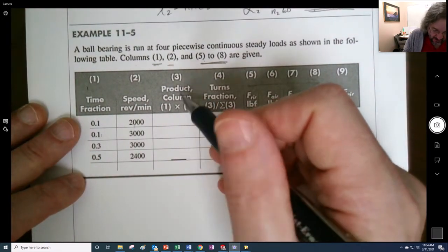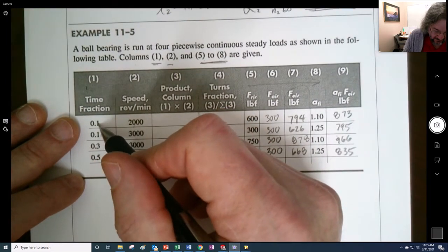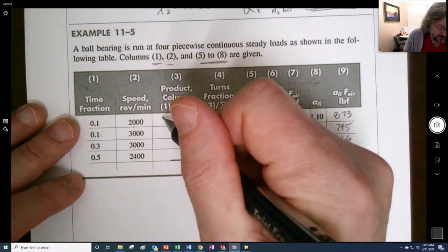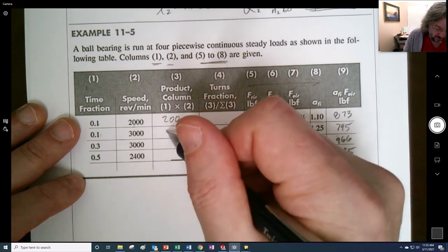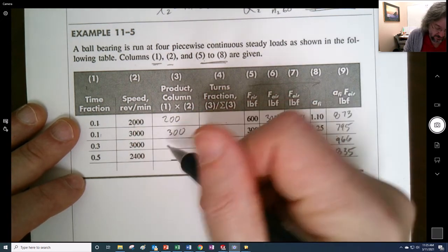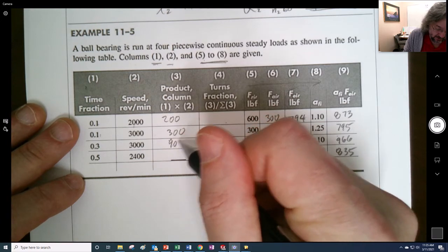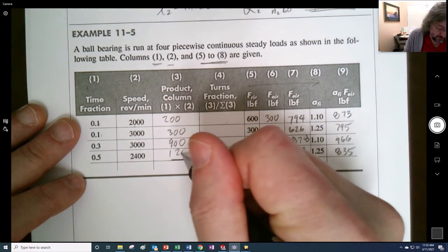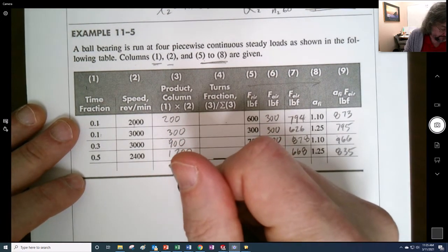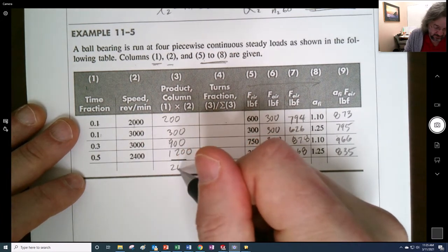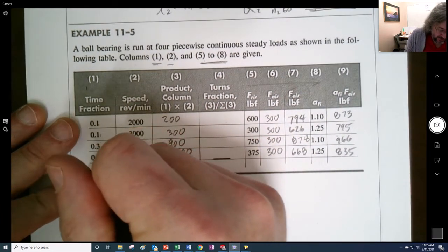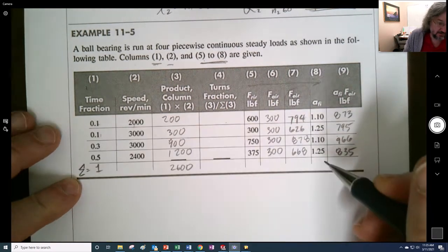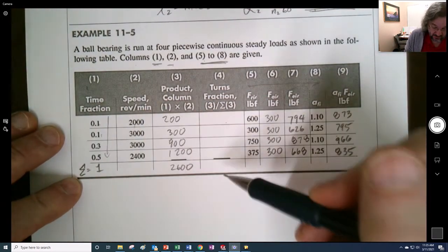What we want is to multiply the fraction of the time times this right here. So we go 200, 300, 900 and 1200. Add these all up and we get 2600 right here. You'll notice that these fractions all add up to 1.